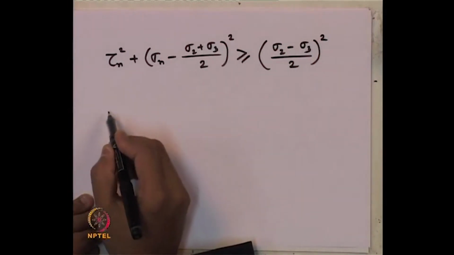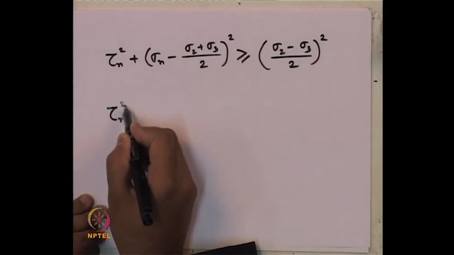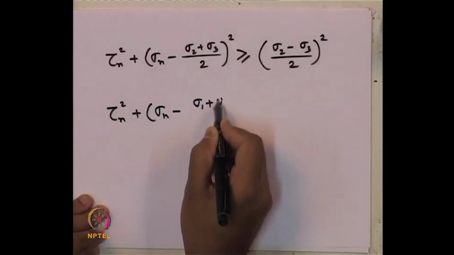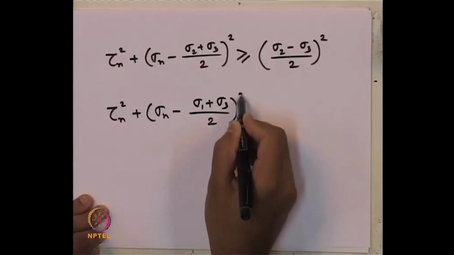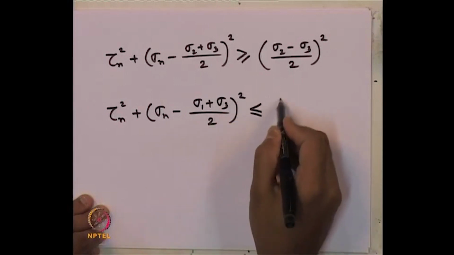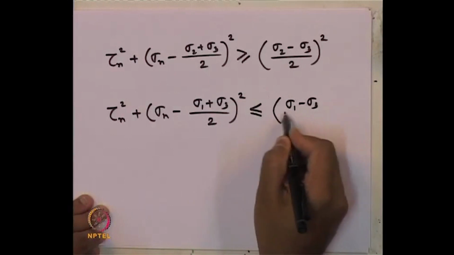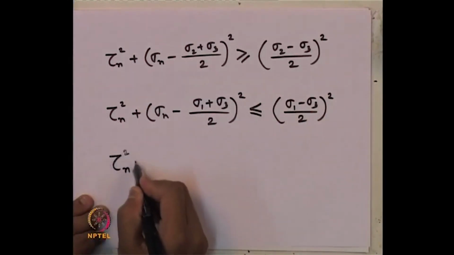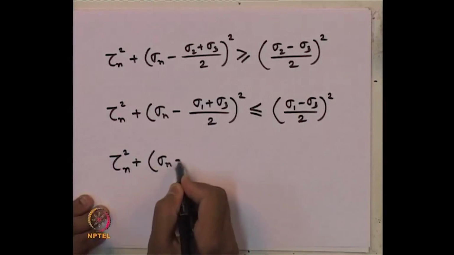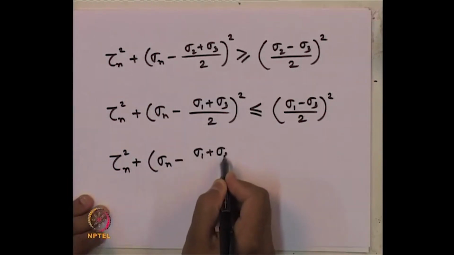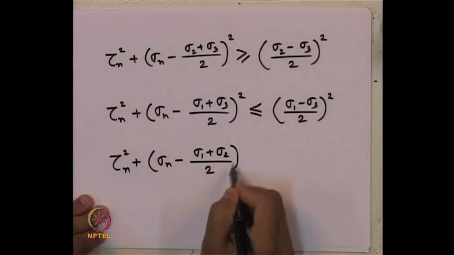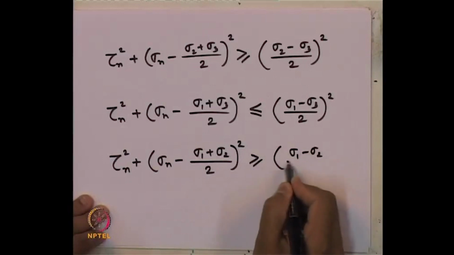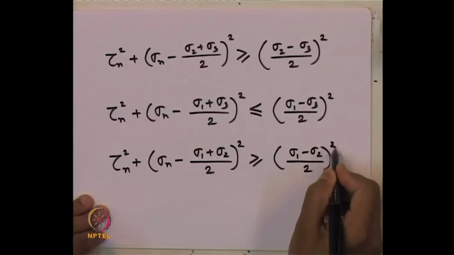The second relationship gives us tau n square plus sigma n minus sigma 1 plus sigma 3 by 2 whole square should be less than or equal to sigma 1 minus sigma 3 by 2 whole square. And the third relationship will give us tau n square plus sigma n minus sigma 1 plus sigma 2 by 2 whole square should be greater than or equal to sigma 1 minus sigma 2 by 2 whole square.